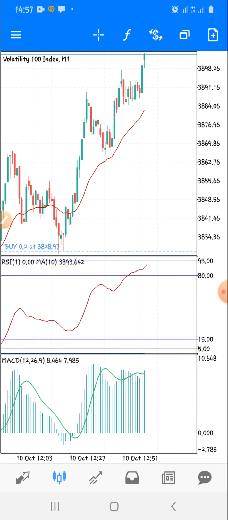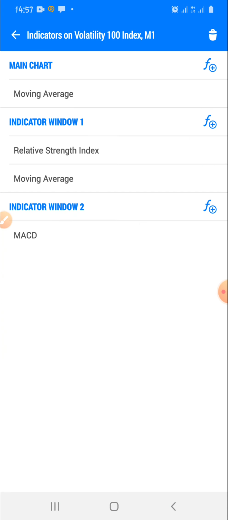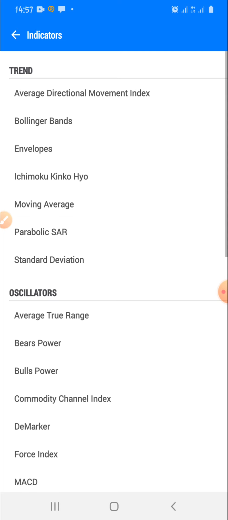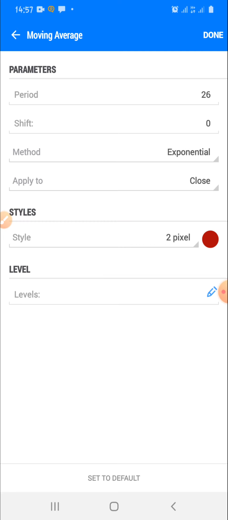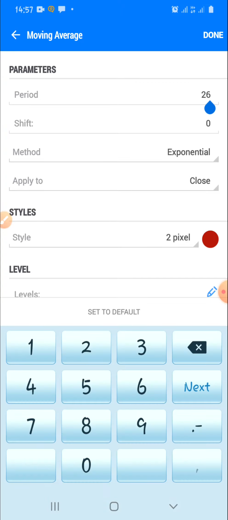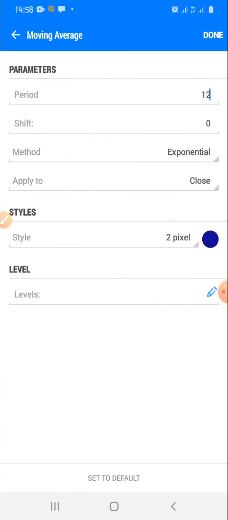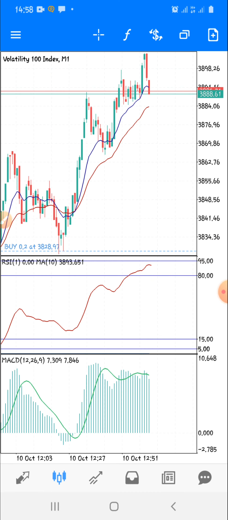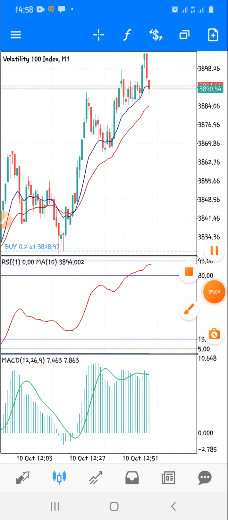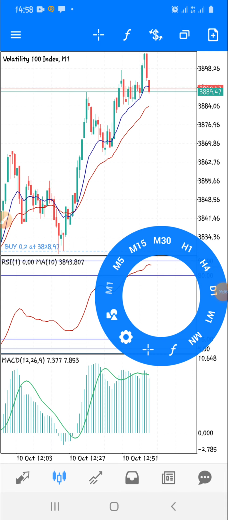You see, and then our second moving average, here I'll click on the main chart, and then I will click the moving average. I will insert the period to be, let's make 12, and exponential. Then we change the color to let's use the navy blue. Then we click done. You see, and so here is how it looks like.